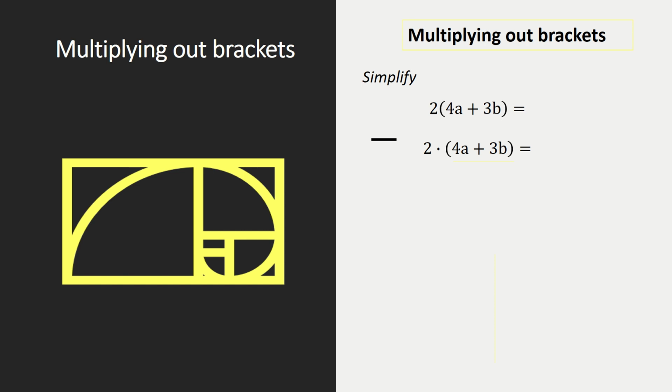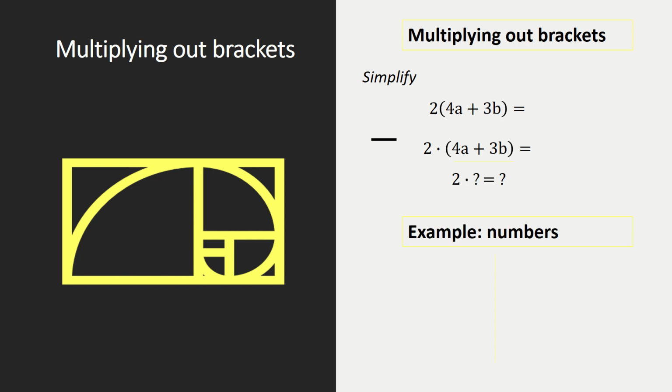However, 4a and 3b are non-like terms, because I cannot add 4 apples plus 3 bananas. That's impossible. So that's why we're going to learn how to calculate this by multiplying out brackets.